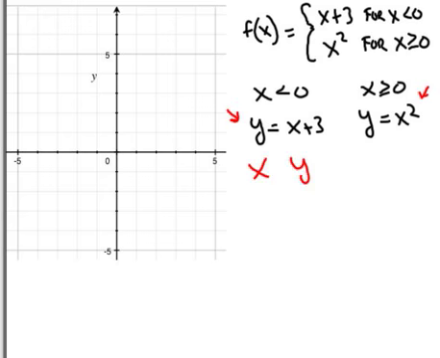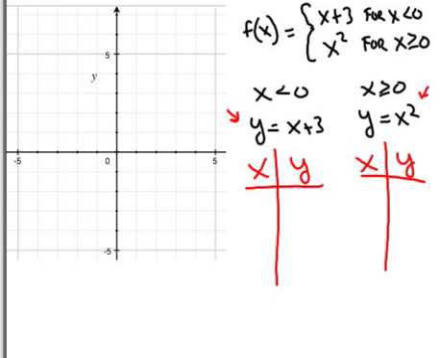So I'm going to set up an XY chart here, okay? Two of them. I'm going to set up one for the case when I have x values less than 0, but I'm also going to include 0 because I want to see where this line ends when it hits 0.